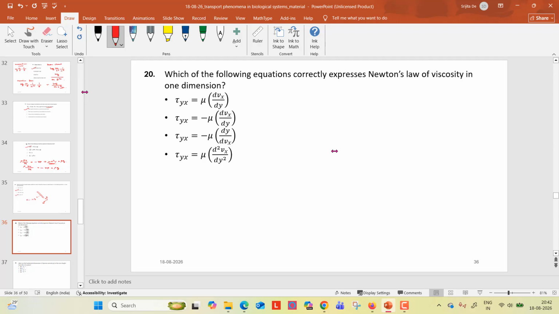This can also be true, but actually from the transport phenomena point of view, the answer will be option B, because velocity is always going from higher pressure zone to lower pressure zone, right?